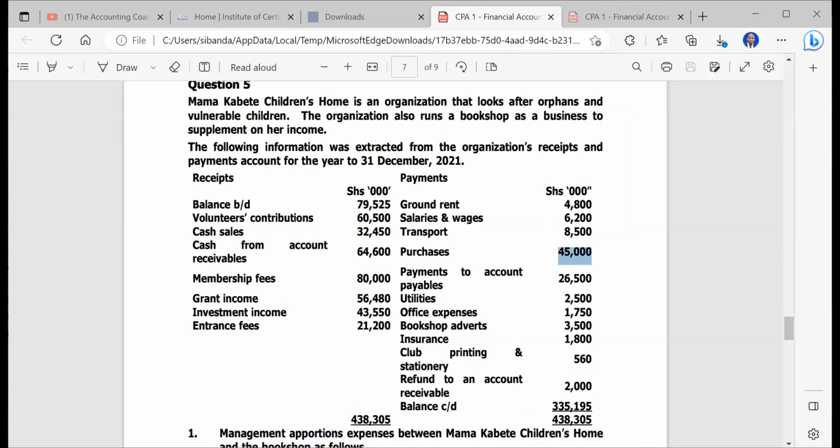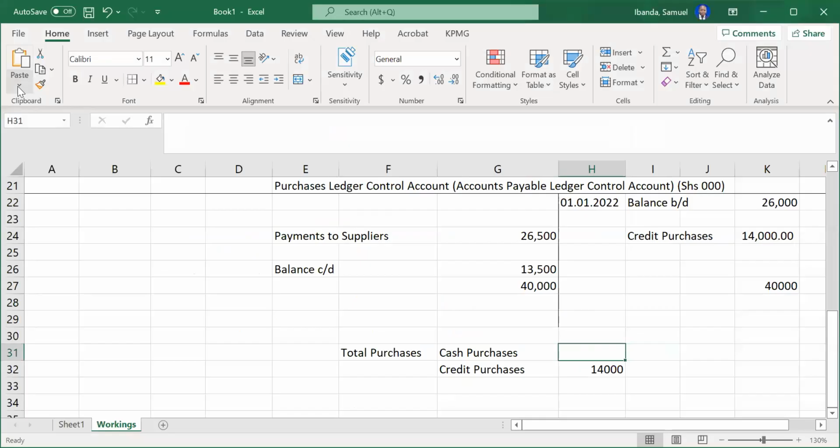I don't have things like returns, but those returns would also affect in case I had them. So when I add this, I get 59. Are you able to get the same thing? Okay, I do believe so. So if that is the case, I'll copy. Now, this is working too.